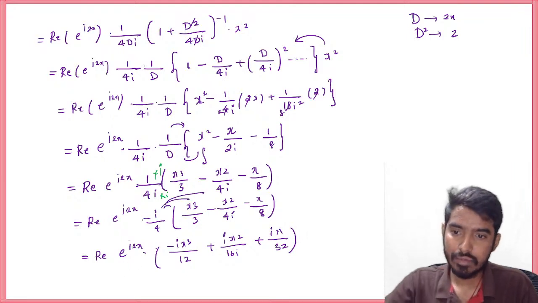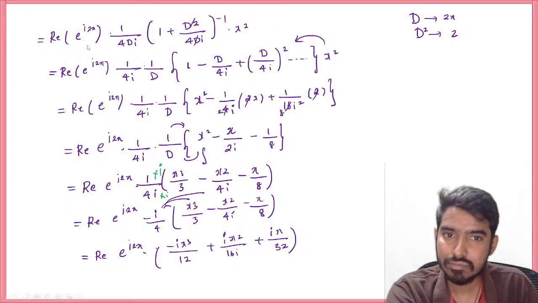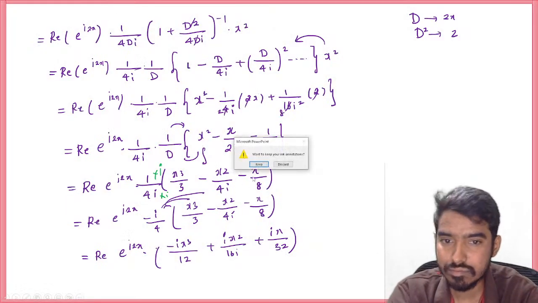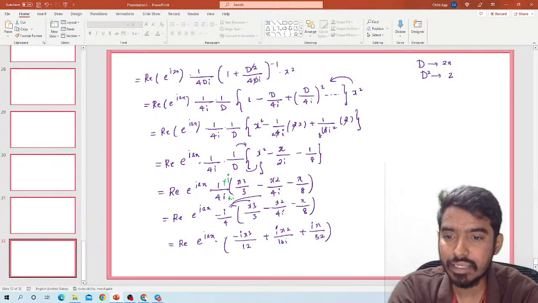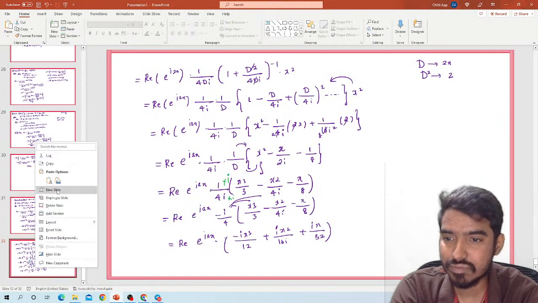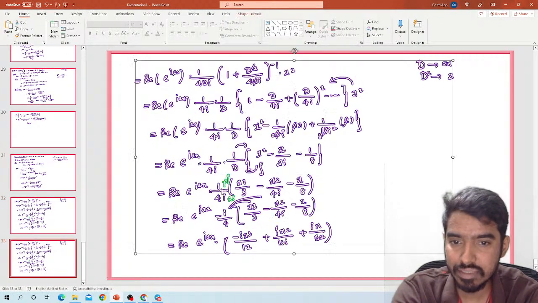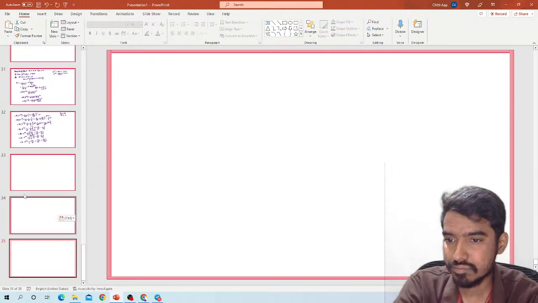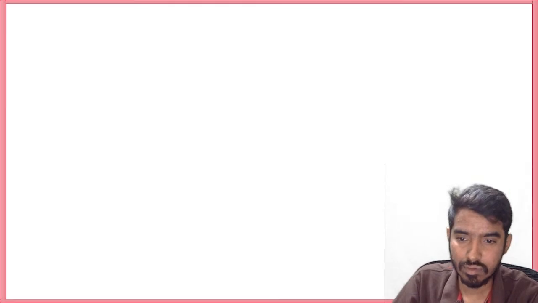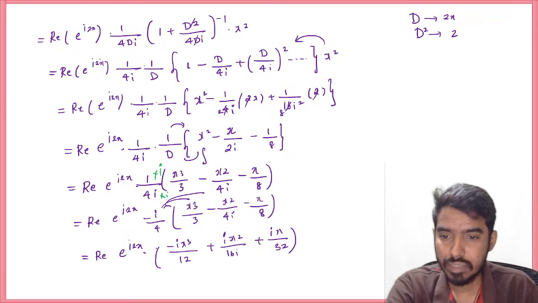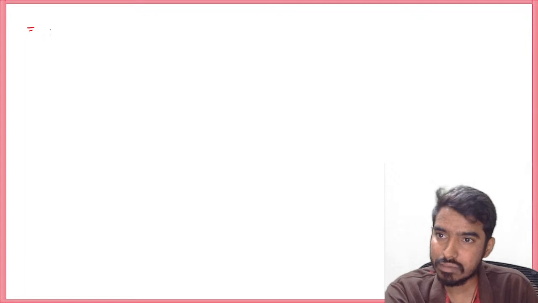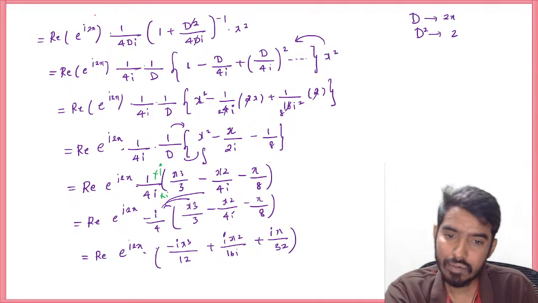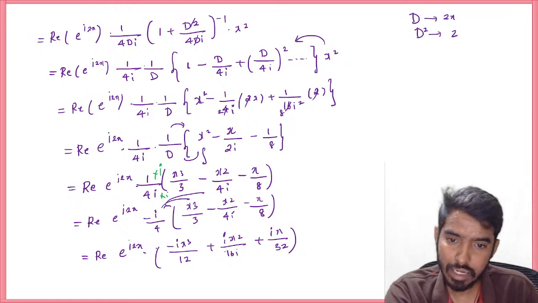Now this will be equal to real part of e power ix. See, this seems to be a little bit vague, but very easy. If you practice one time, it will be very easy. So this will be real part of e power ix. And here we have these two as imaginary part. So if I take the i, the i will get cancelled.